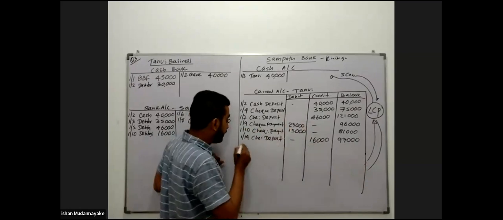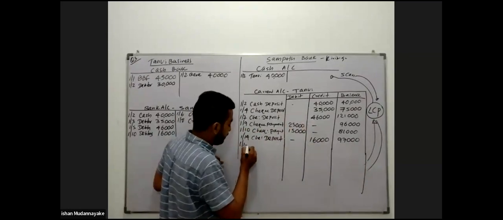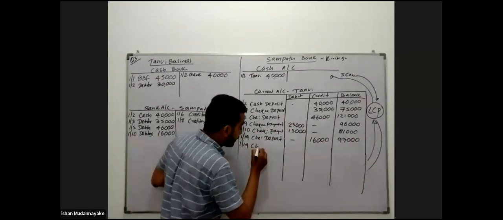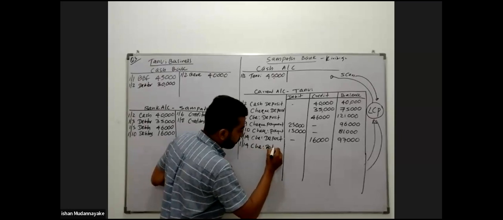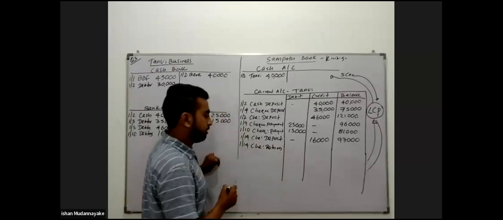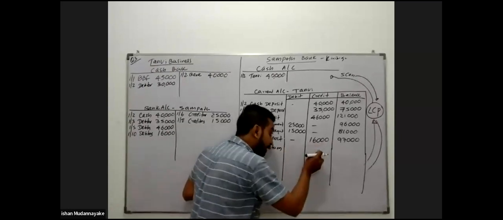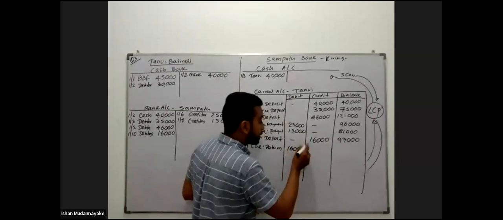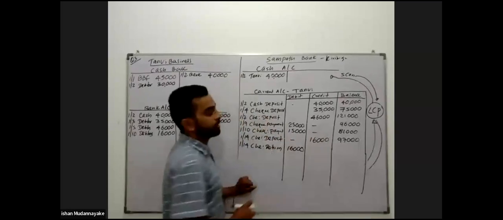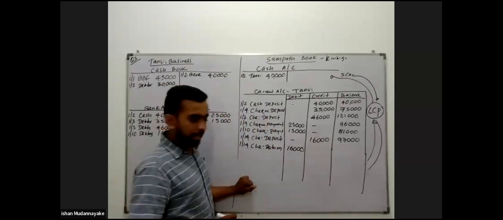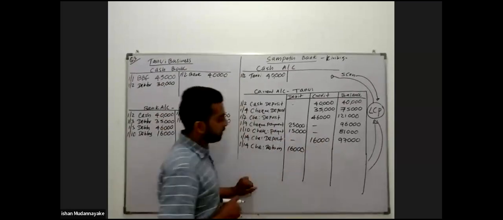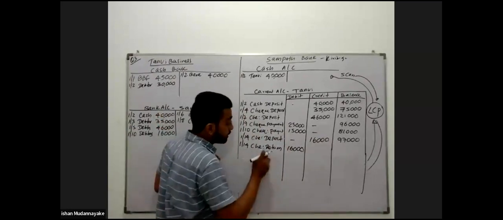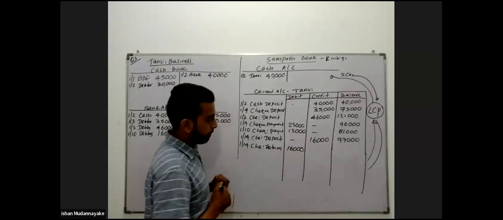Then here they record check return: current account debit 16,000. 14 January, check return 16,000.